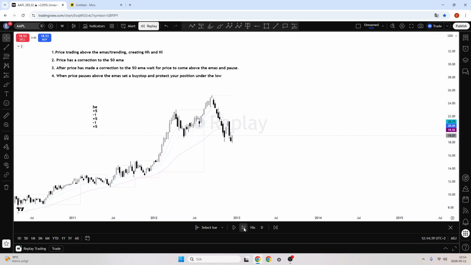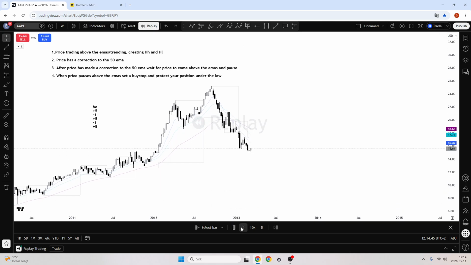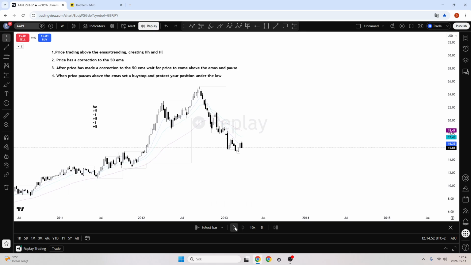Alright, so let's wait for price to come above the MAs and pause. We are flashing pretty heavily below our 50 MA, so we wait for new structure again.